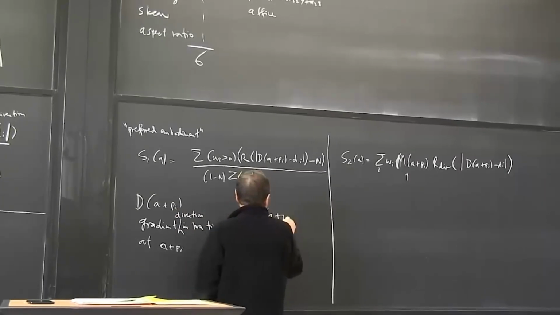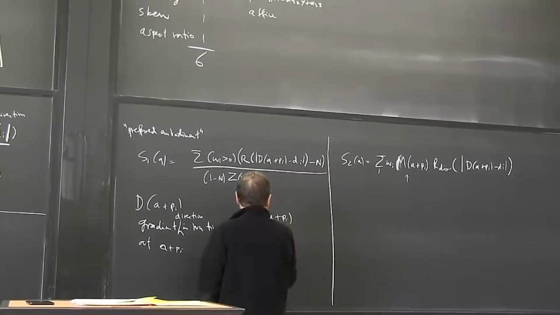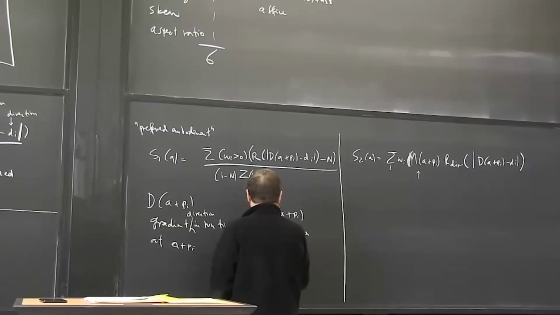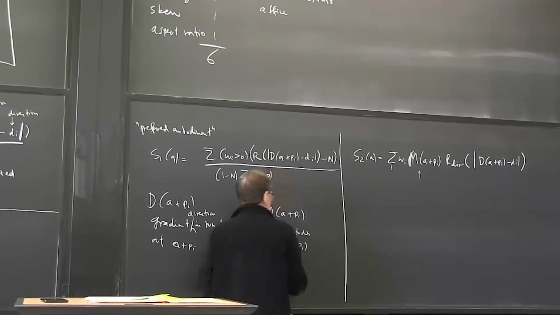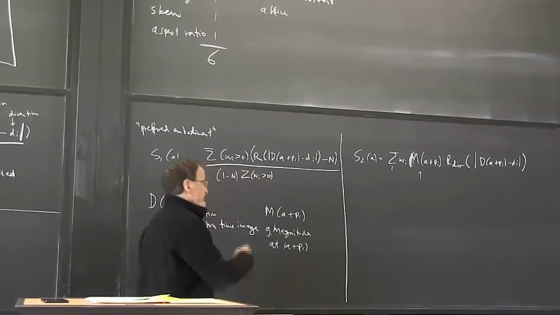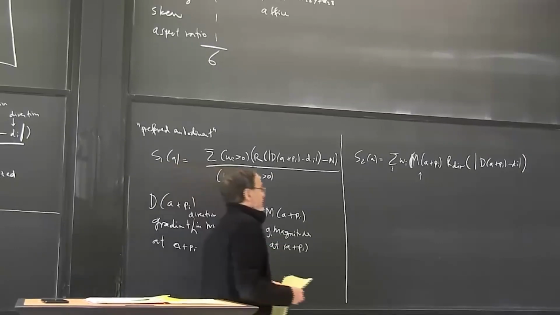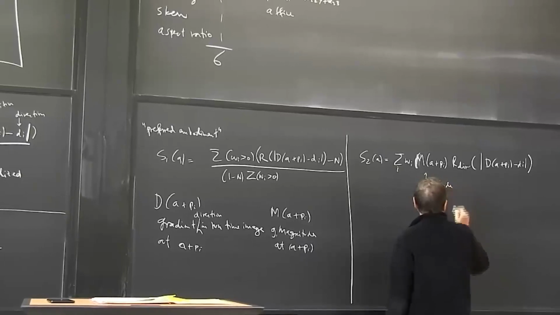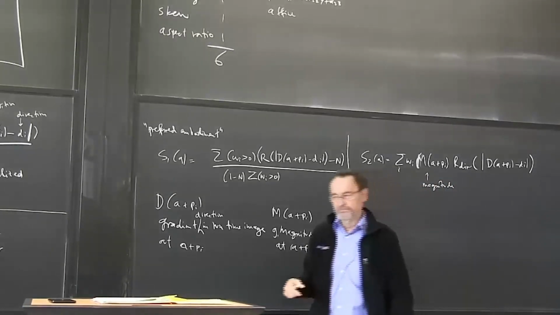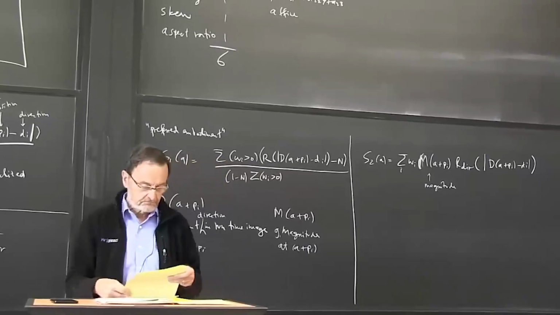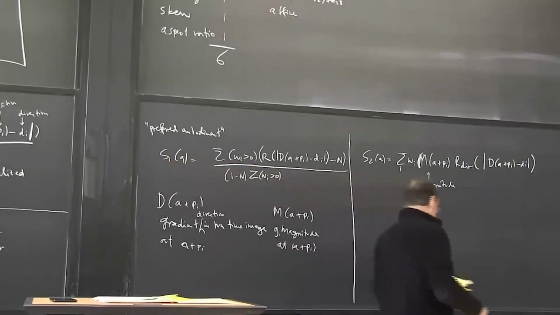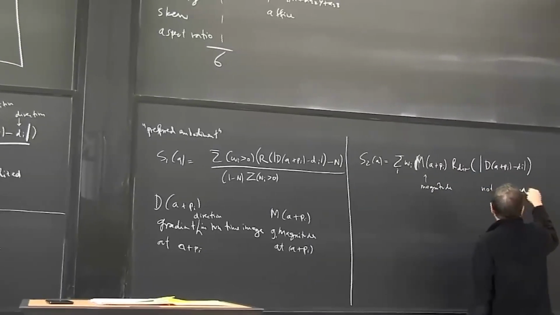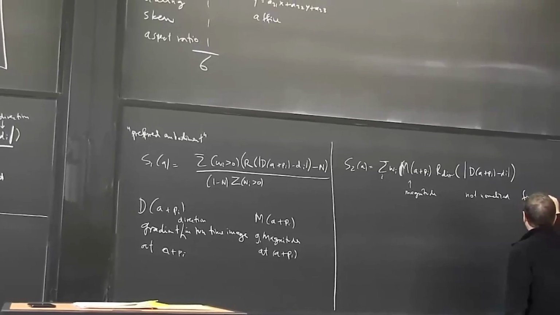M of A plus pi is the gradient magnitude, which we haven't used so far. So this one actually takes into account the gradient magnitude, and it uses the magnitude directly. It means there's another multiplication. And first of all, it's not normalized, and it's used in the fine scan step.